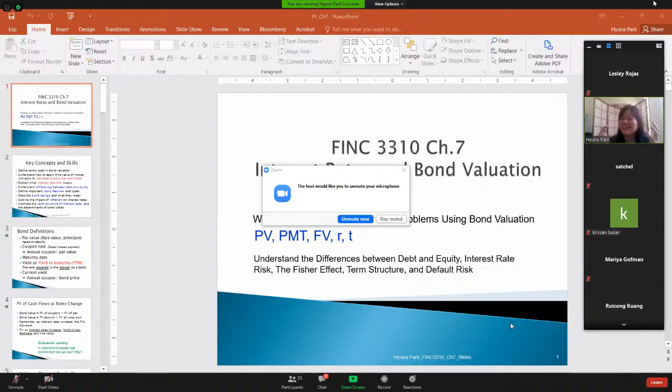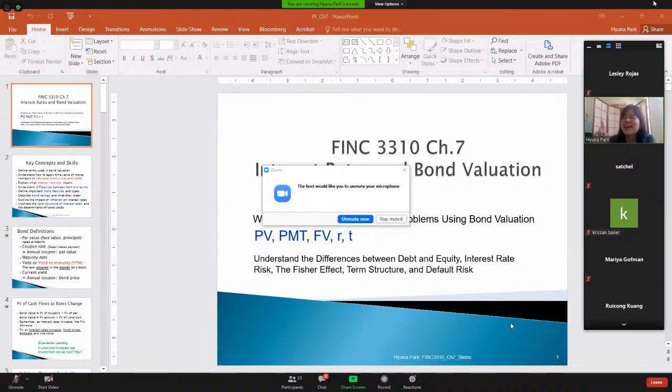We had a slide in chapter 6 with 3 different types of loans. One is what we just learned, the amortized loan. That's one type, and there are 2 other types.